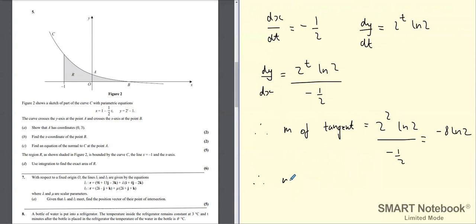And therefore, m of normal is going to become the negative reciprocal of that, which is 1 over 8 ln 2.